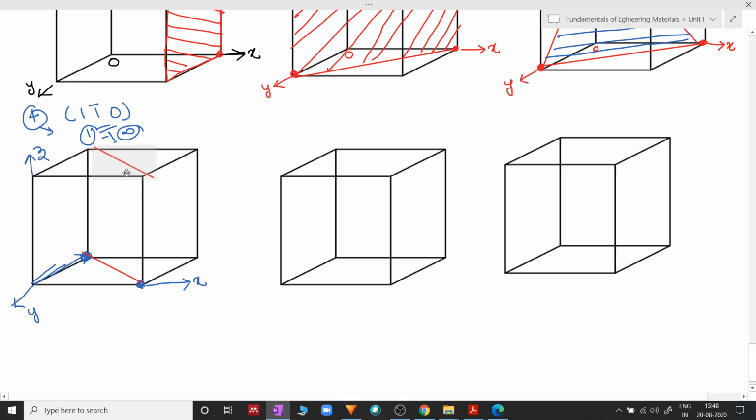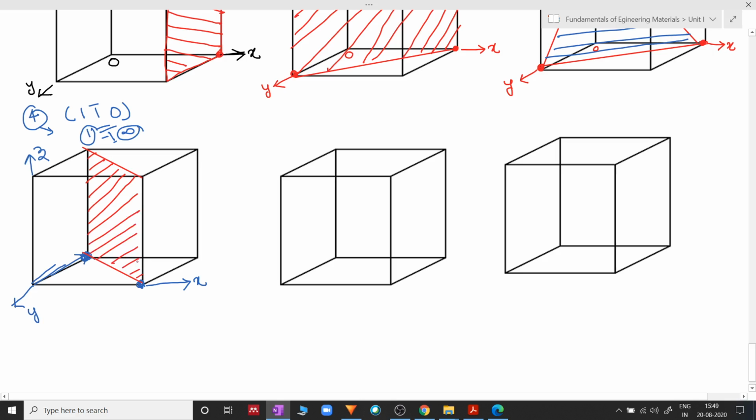Okay. So this is a plane. This is a crystallographic plane that is called 1 bar 0 0 plane. So this is 1 bar 0 0 plane.